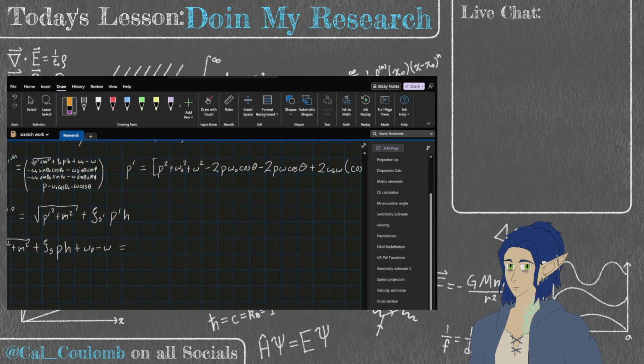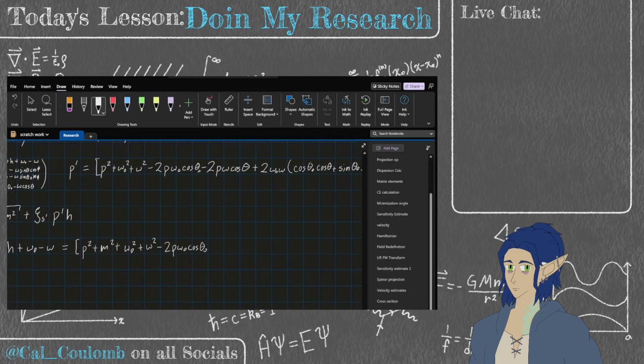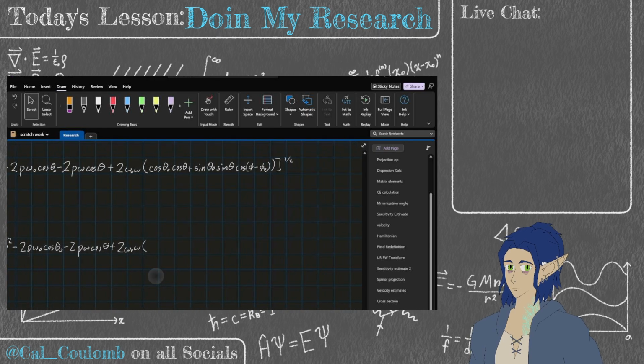Maybe I should write this as p squared plus m squared plus omega naught squared plus omega squared minus 2p omega naught cosine theta naught, minus 2p omega cosine theta, plus 2 omega naught omega, and maybe I'll switch to right ink.